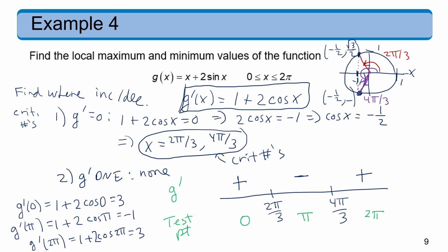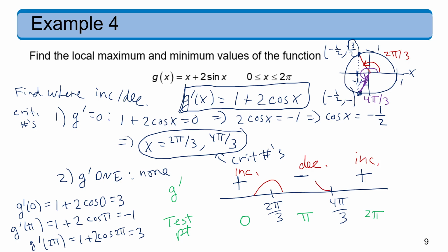Okay, so now we can write in where it's increasing and decreasing, right? So positive means increasing, negative means decreasing. And if you visualize the curve, it starts out increasing. When we get to this point, it switches to decreasing. Over at the next point, it comes in decreasing.